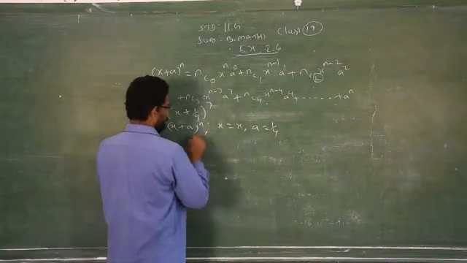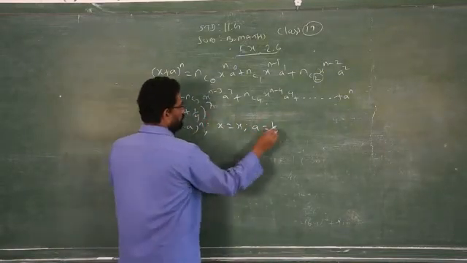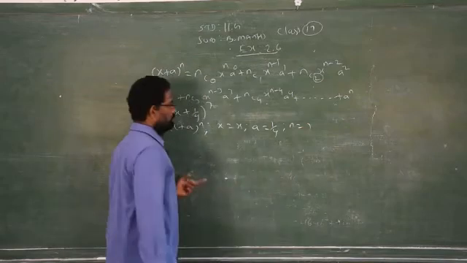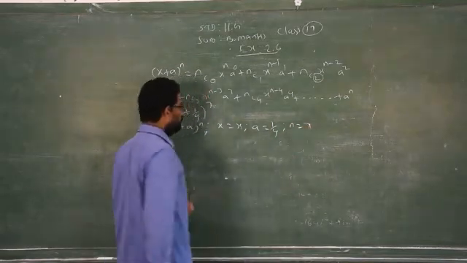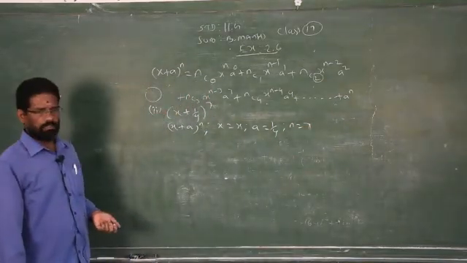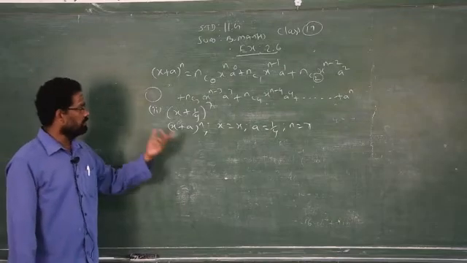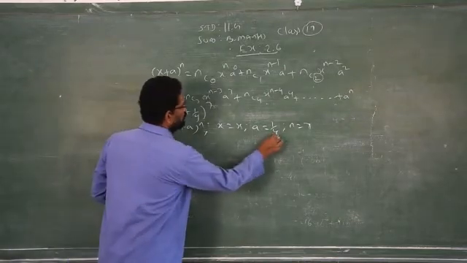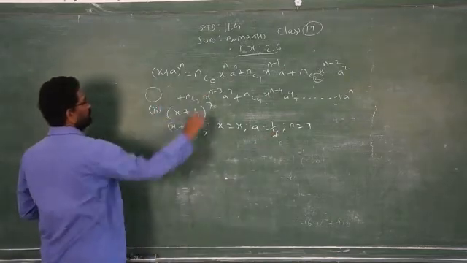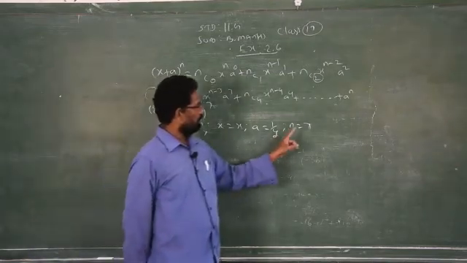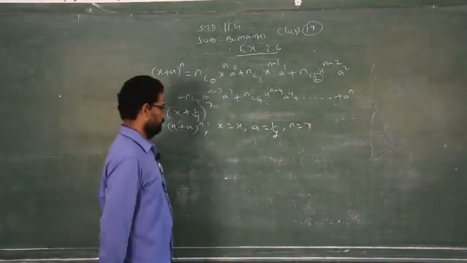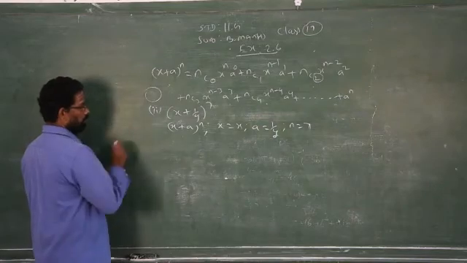Just you have to compare. What is the power n? 7. So just write down the information related to the given formula. X is equal to x, a is equal to 1 by y, and n is equal to 7. So you have to write the formula up to 7C7. Clear? I will write down the formulas.